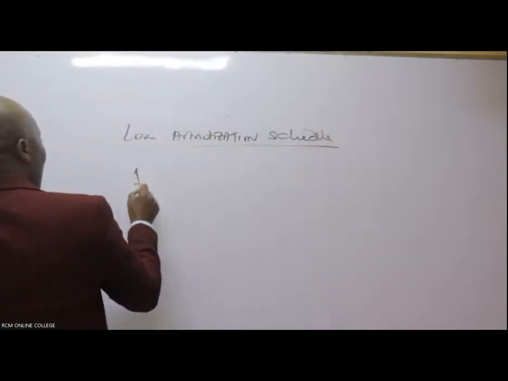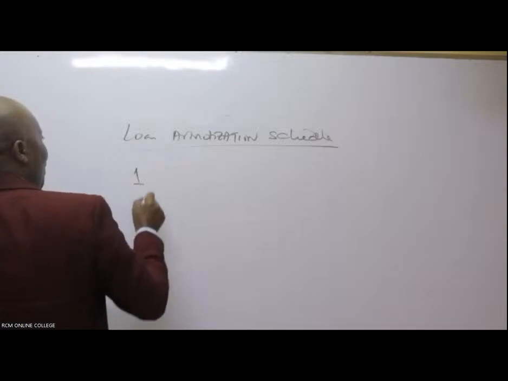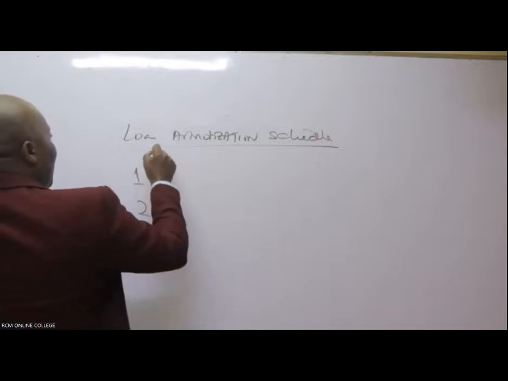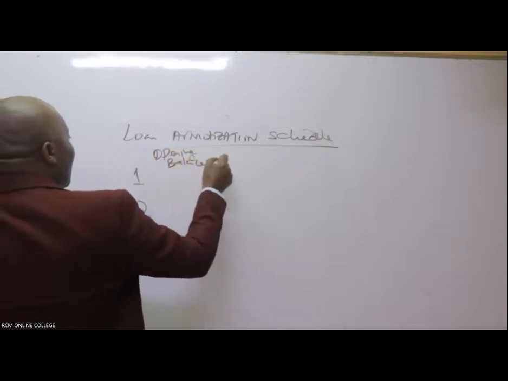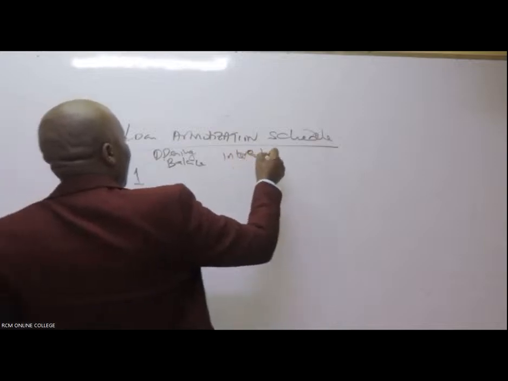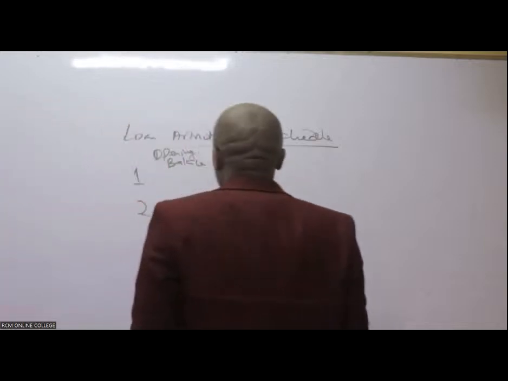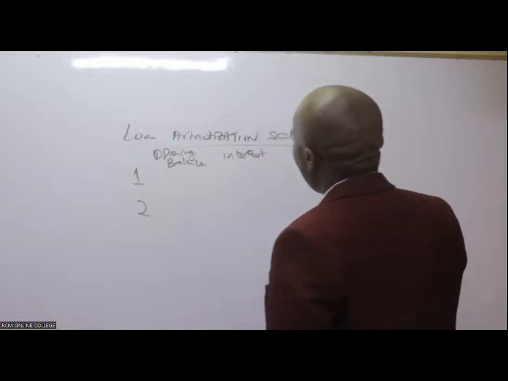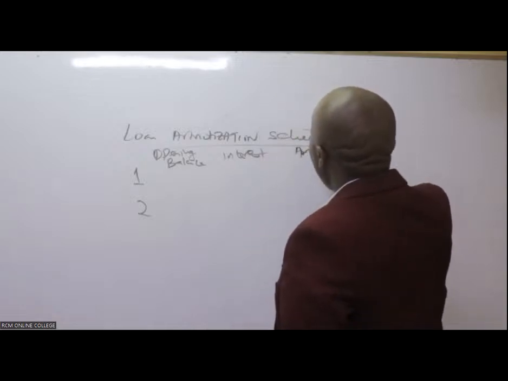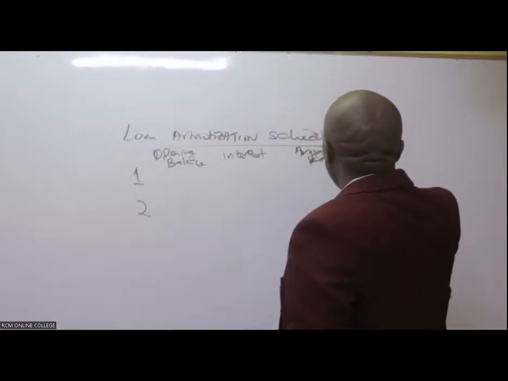We have year 1, year 2. We have in this case present value, that is the opening balance. We have interest, amount paid, and then we have closing balance.